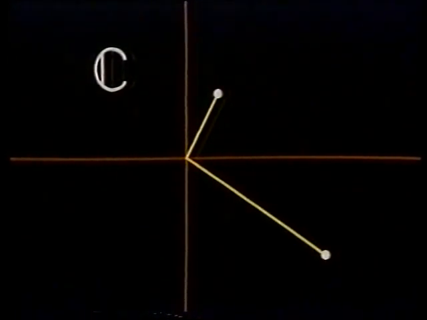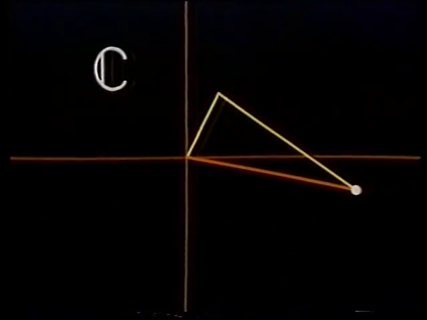Every complex number corresponds to a line from the origin. To add complex numbers, we just do this. It doesn't matter which order we add in, the result's the same.